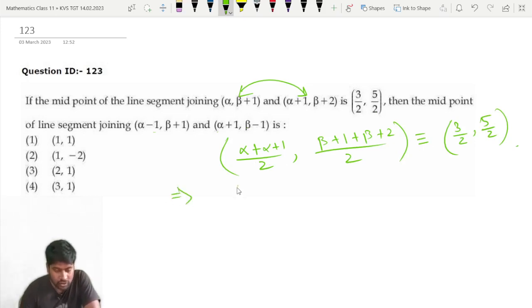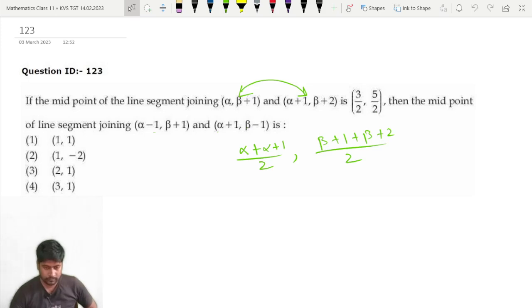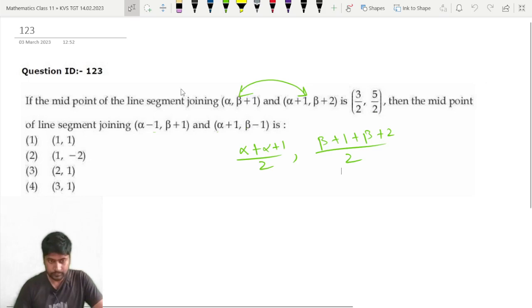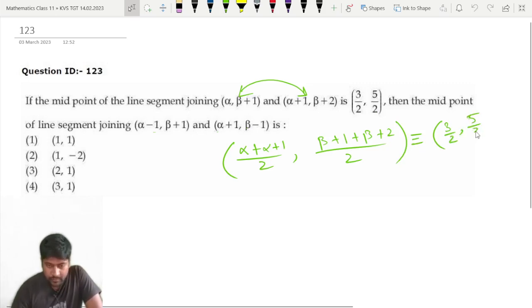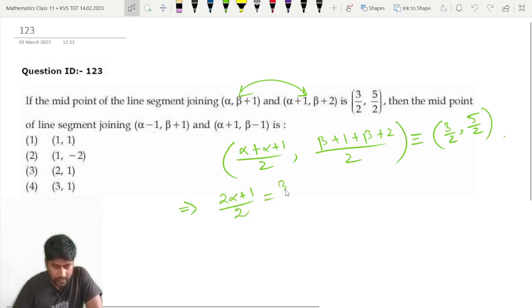So from here what can we write? 2 alpha plus 1 by 2 is equal to 3 by 2.